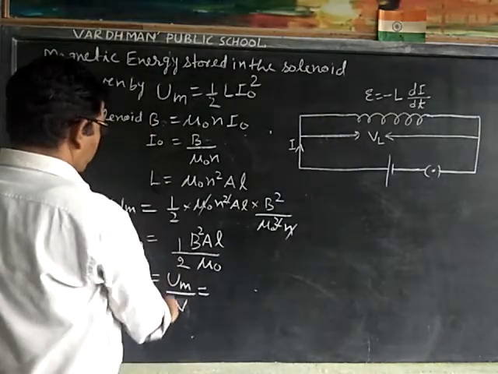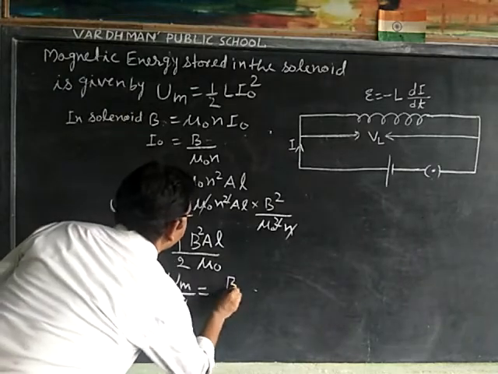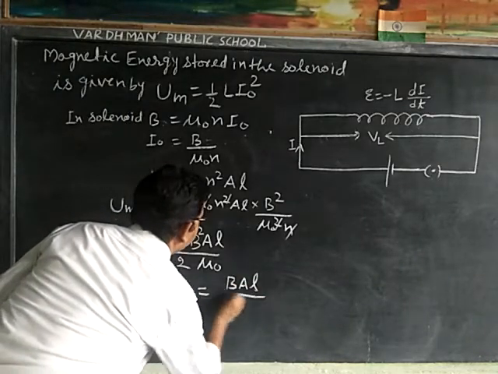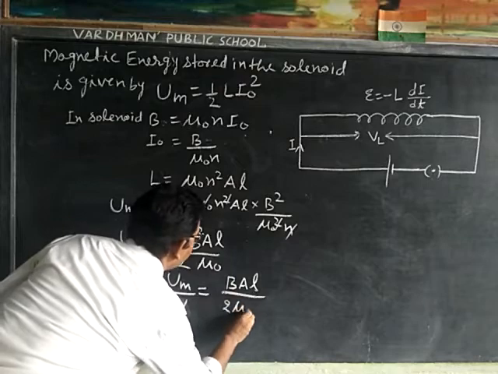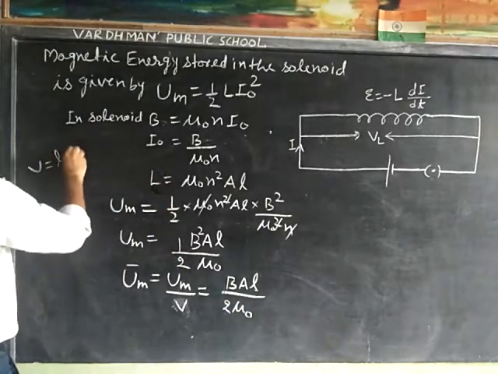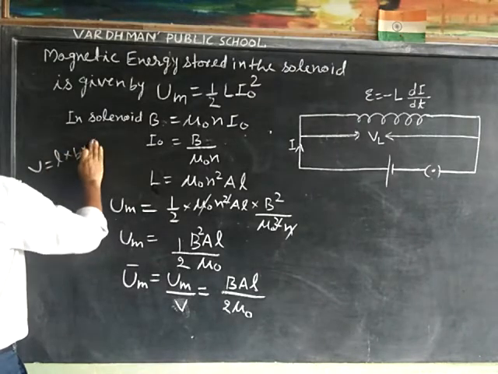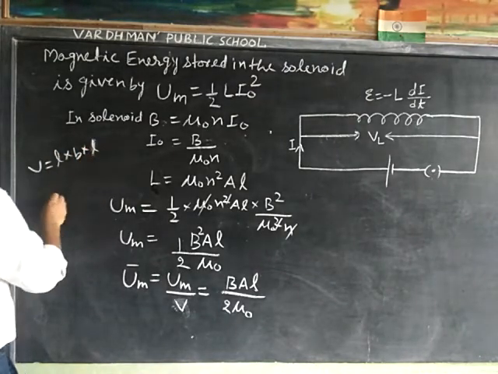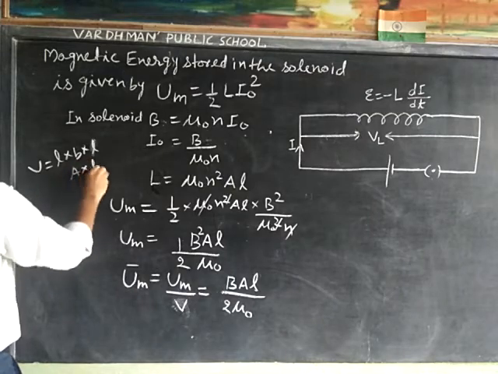Now we put the value B square A l upon 2 mu 0, and volume is equal to A into l.